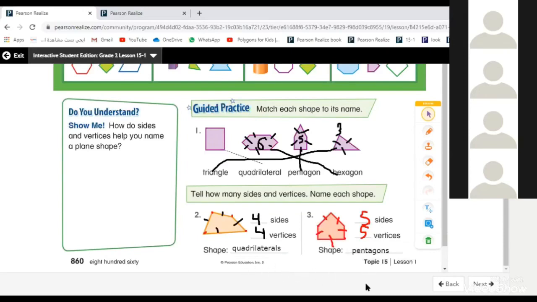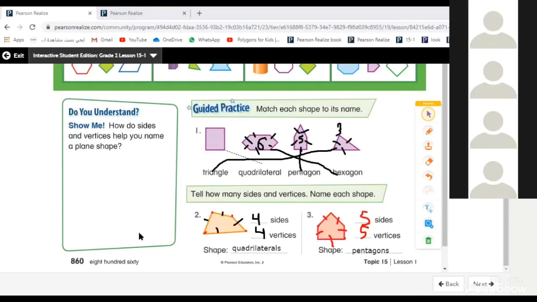Quadrilaterals, pentagons, hexagon, triangle, okay? If you finish writing, go to the next page. Girls, did you finish writing this page? No. Okay.